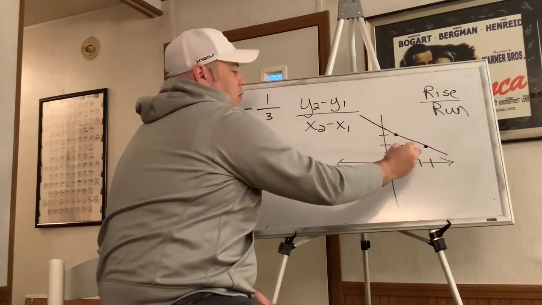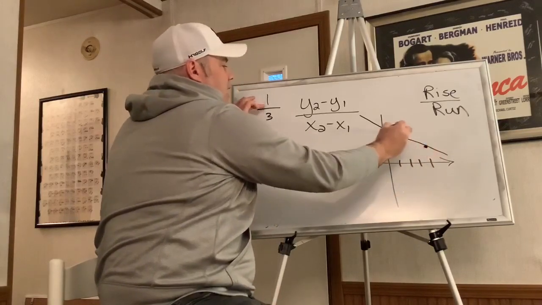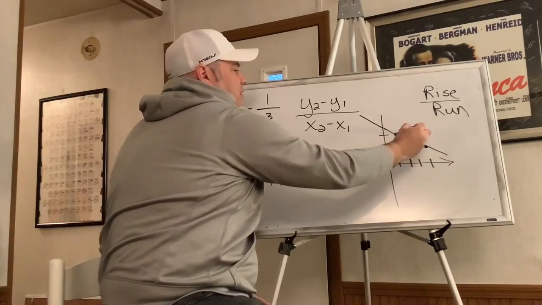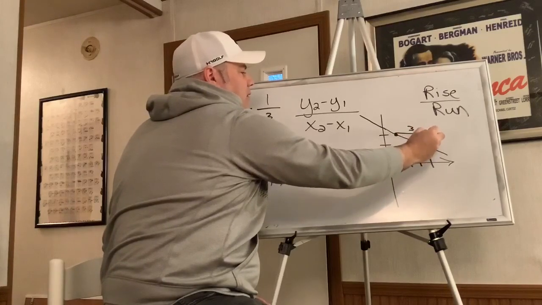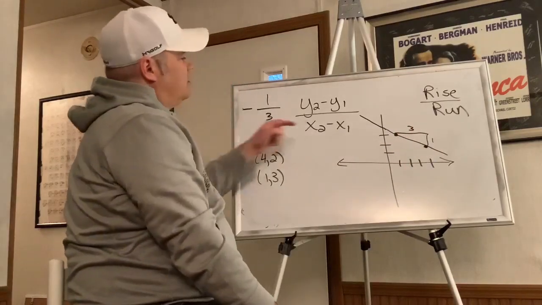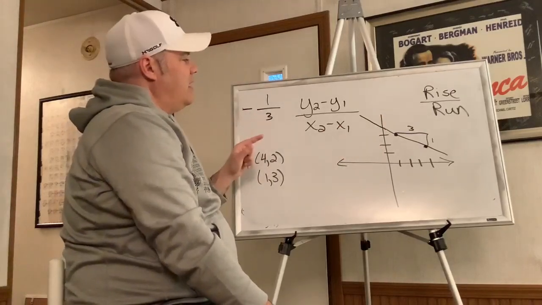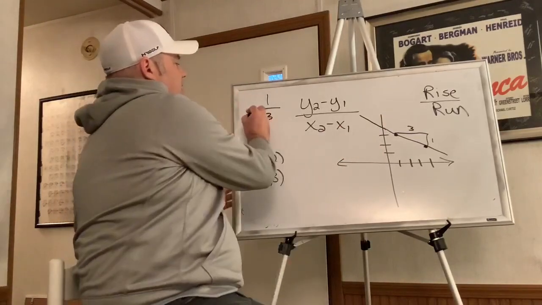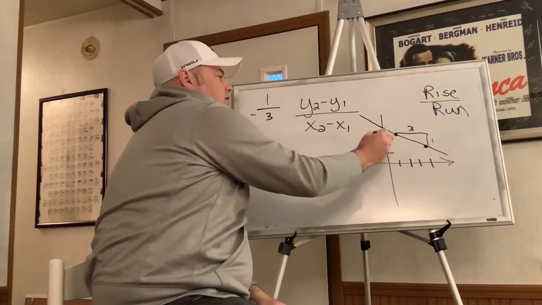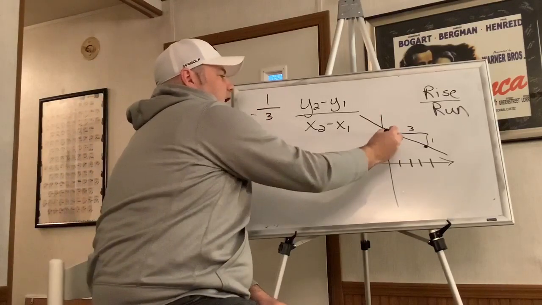So we went 1, 2, 3 over, and we went 1 down. So we went 3 over this way, and we went 1 down. So by going 3 over 1 down, we have done 1/3. If you're like, wait, wasn't the negative with the 3? It was.